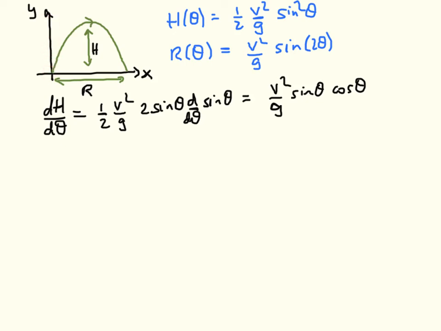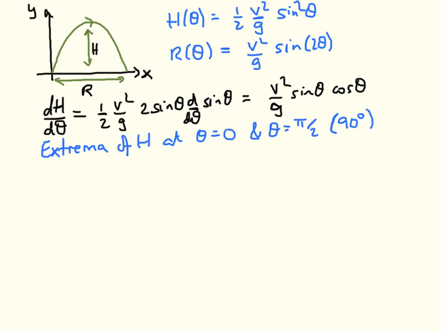So the extrema of h are at theta is 0 and theta is pi over 2, which corresponds to 90 degrees. So that makes perfect sense, and it gives us a better understanding of this factor here. It gives us some confidence that it's correct as well.